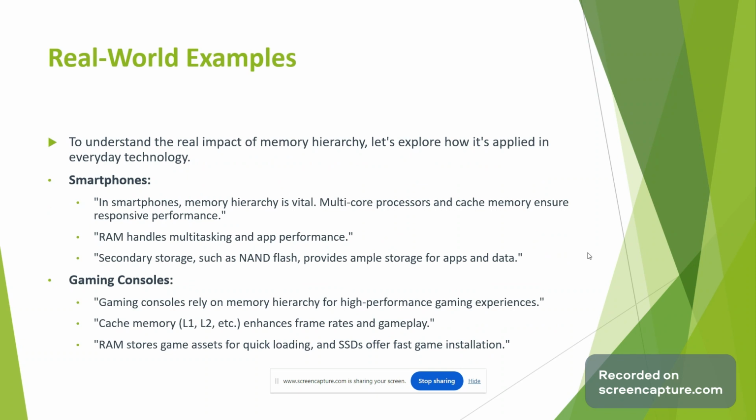Real-world examples. To understand the real impact of memory hierarchy, let's explore how it's applied in everyday technology. First, let's look at smartphones. In smartphones, memory hierarchy is vital. Multi-core processors and cache memory ensure responsive performance.